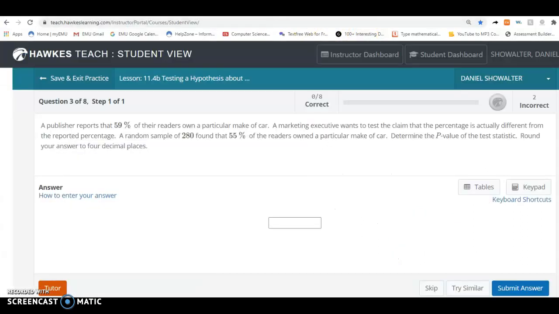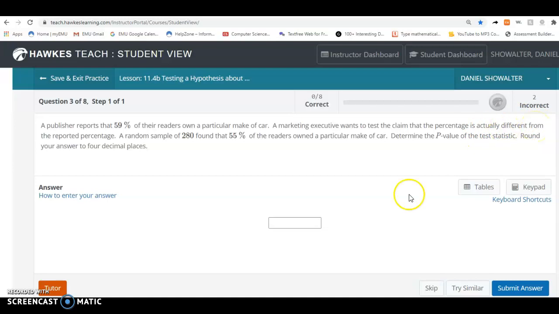So if we return to the question here, actually different from, so if it had said is less than the reported percentage, that would be a one-tail, and we would just look at the left tail. But it says is different from. Different from means it could be less than, or it could be greater than.